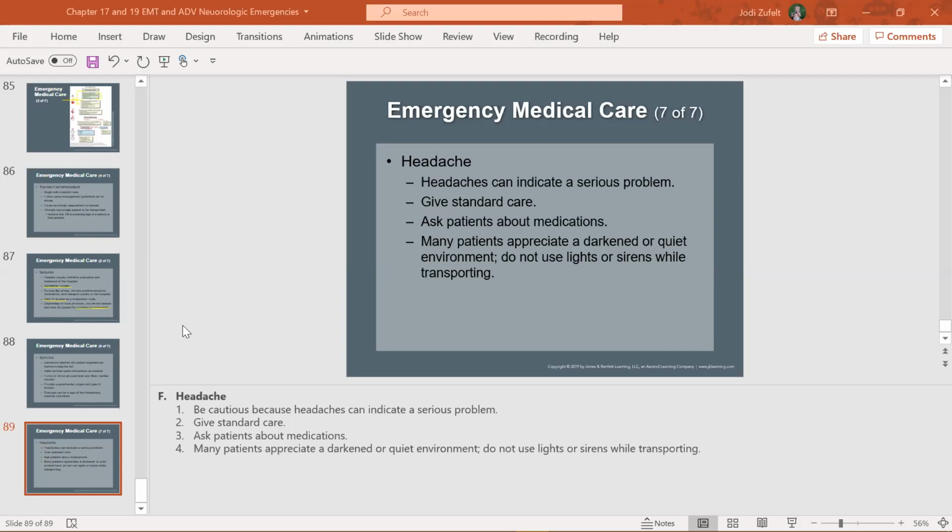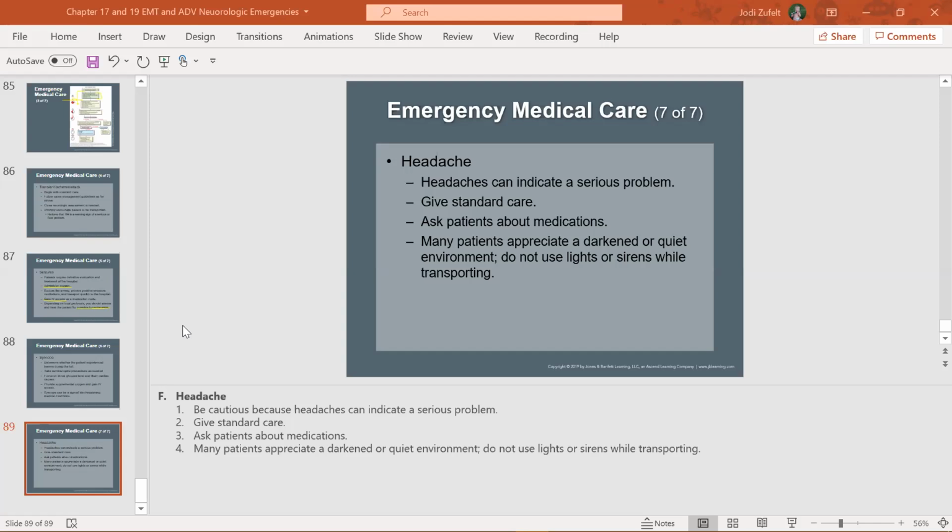Stroke suspected, no, proceed with the call. Negative Cincinnati, prehospital stroke scale, that's what CPSS is. If they're positive, it's a code stroke, even if they're VAN negative. And negative VAN findings, go to the nearest hospital.